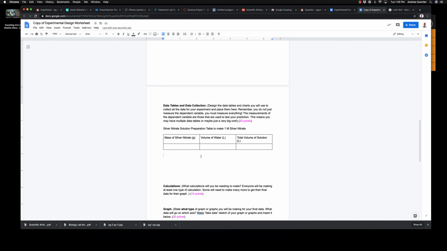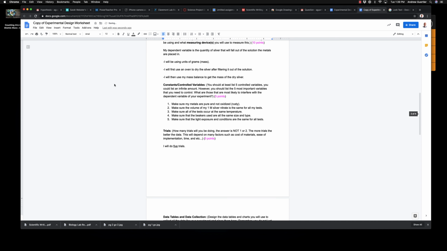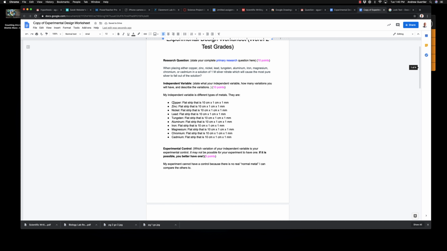I need a data table for my metal bars, okay? Or strips. So how many metal strips do I have? 1, 2, 3, 4, 5, 6, 7, 8, 9, 10.